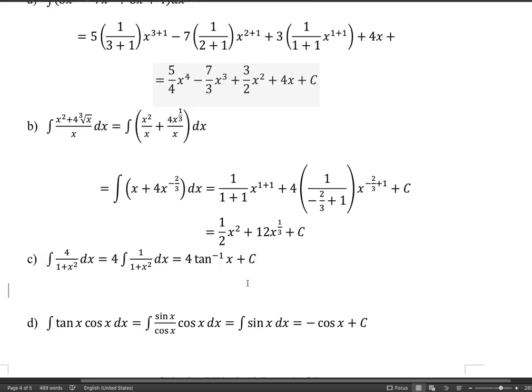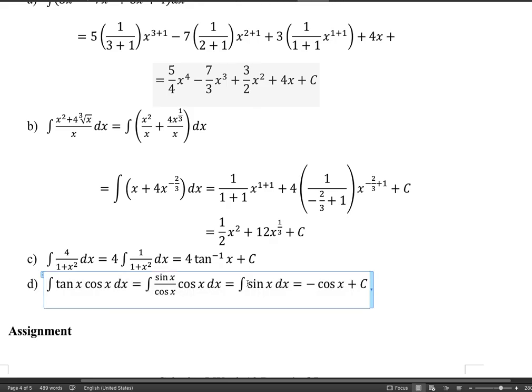Okay. One more, let's try to see if I can explain part D. Part D seemingly may look very complicated. It is complicated, okay. How do we handle the antiderivative of tangent times cosine? We really don't have any easy simple formula to match the thing entirely.